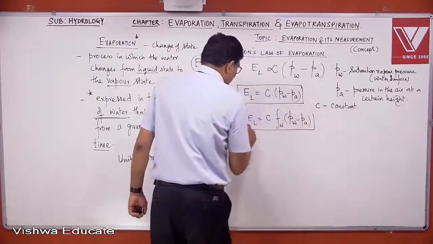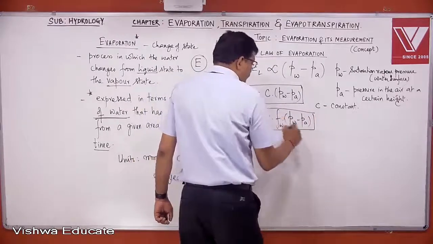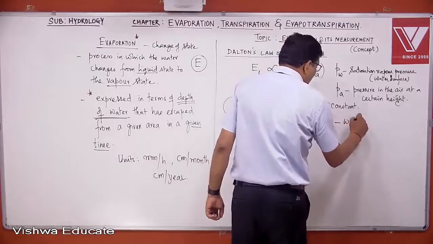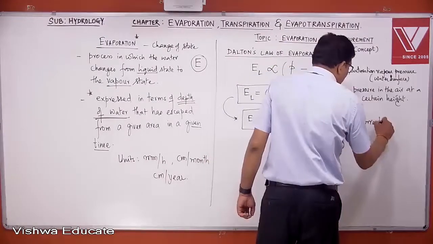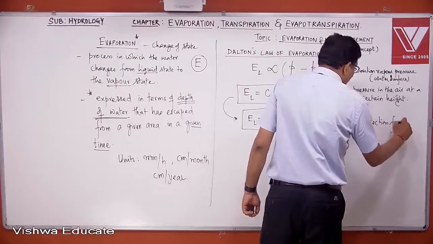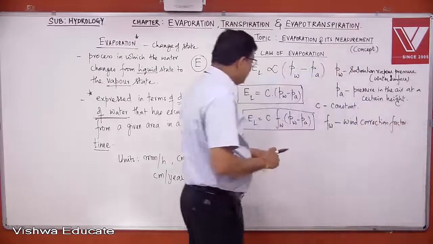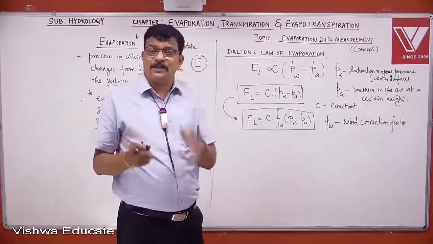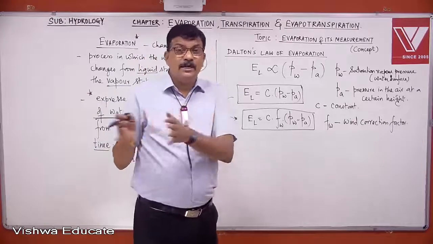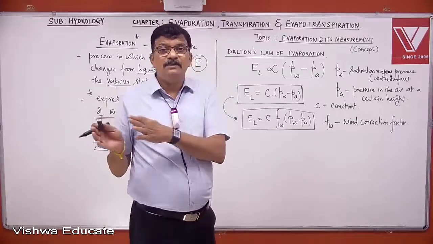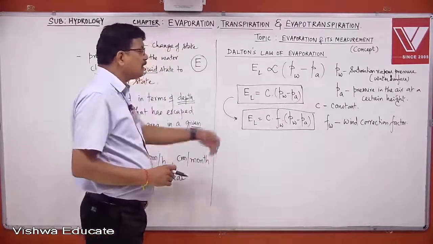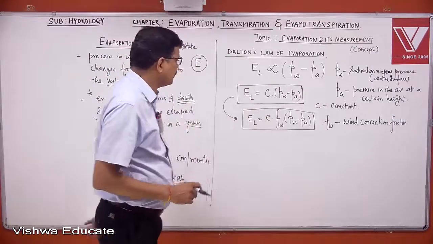This is because of the wind, where Fw is the wind correction factor. Knowing that evaporation is not just due to the pressure difference, but it is also aided by the wind, there is a small wind correction factor that is included at a later stage.